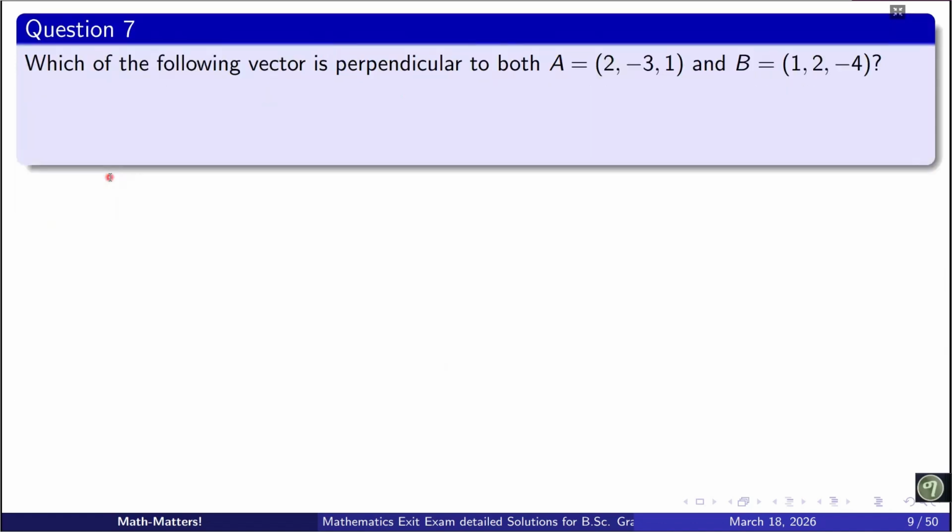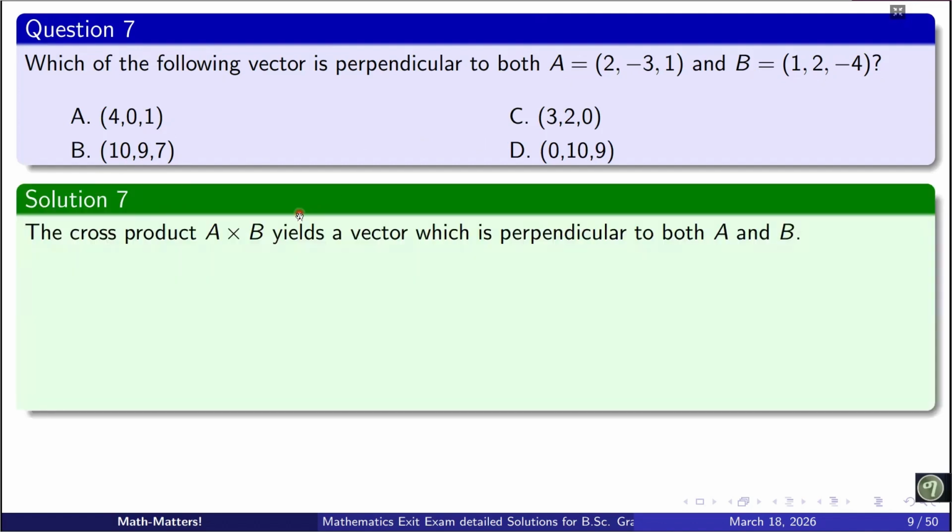Question number 7. Which of the following vectors is perpendicular to both a equal to (2, -3, 1) and b equal to (1, 2, -4)? The alternatives are A (4, 0, 1), B (10, 9, 7), C (3, 2, 1), and lastly D (0, 10, 9).